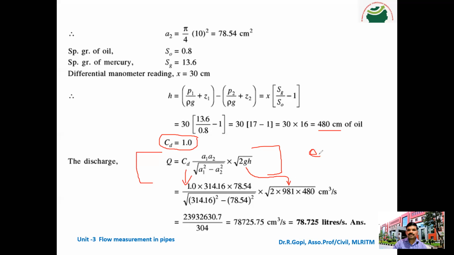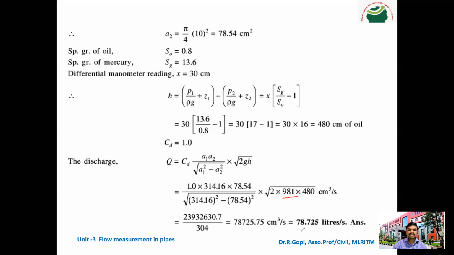In terms of meter it is 9.81. Here I substituted all the values in terms of centimeter, so it is 981. Keep it in your mind, it is based on the units you have taken. If you do your problem in centimeter, you put 981. If you selected meter, you have to put 9.81.